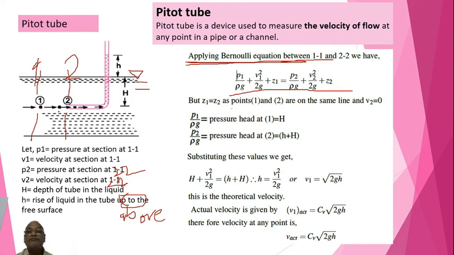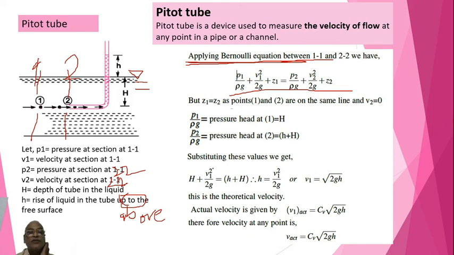And as I told you, at point 2 V2 is 0, that is stagnant, right? Now the total head at point 1 will be nothing but h. The head at point 1 is h only, because here it is h, and it has some velocity V1. When it comes to point 2, here it has a head of h plus H, but the velocity is 0. So now we will do the corresponding substitution.